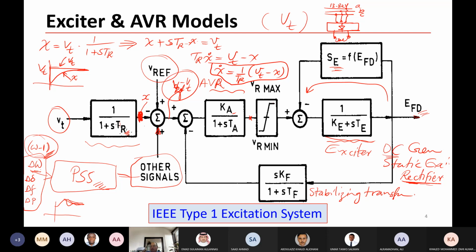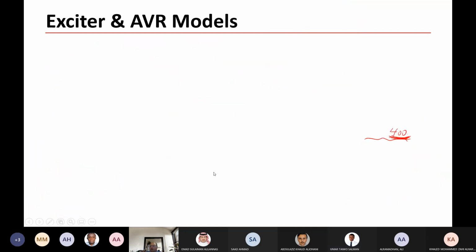So yes, you can have the excitation from the machine itself. And this is usually the case, by the way.